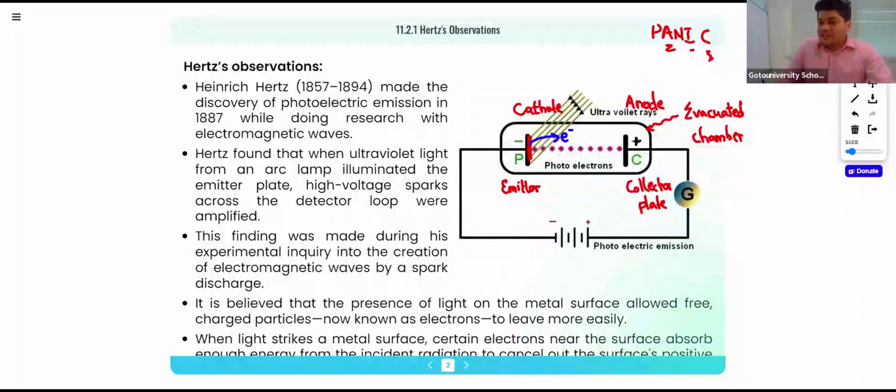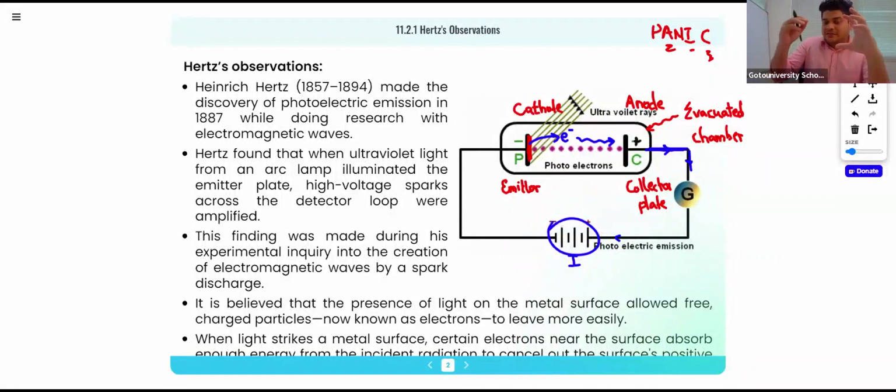That electron is negative charge and the anode is positive, so the electron will go to the collector plate, and as the circuit is completed, it will produce a current. And how will we know the current is flowing? This galvanometer will give us a deflection.